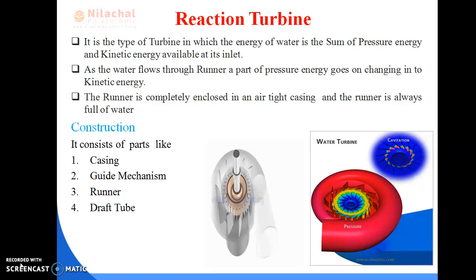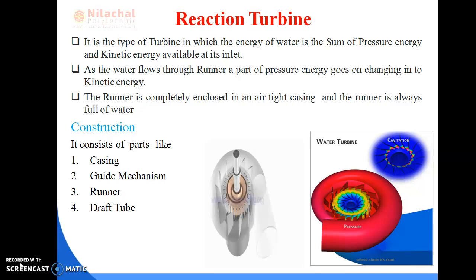This energy of water enters through the casing and some part of the pressure energy of water is changed into kinetic energy, and thereby you are getting the mechanical power at the output of the runner. The kinetic energy of water is moving the blades of the runner and thereby mechanical power is produced.